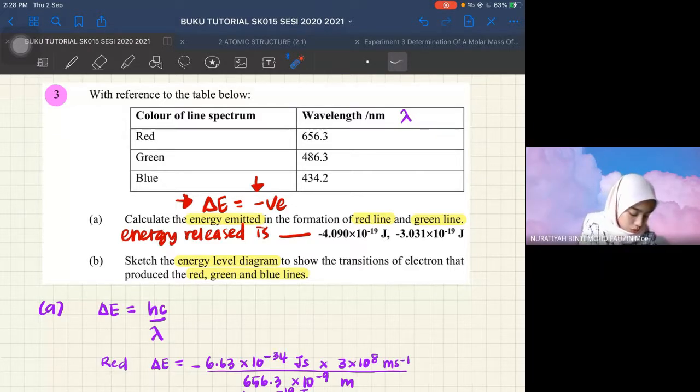We move on to 3B. Sketch the energy level diagram to show transitions of electron that produce red, green, and blue lines.